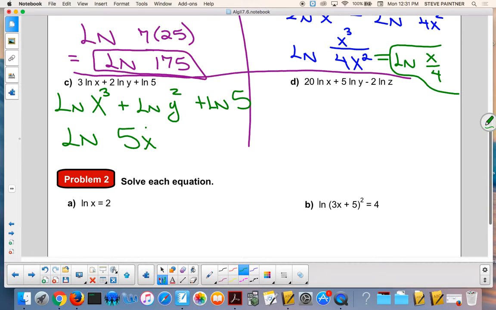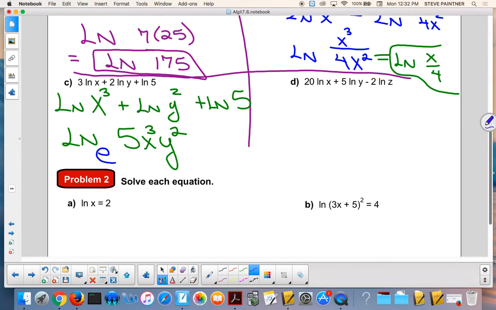Yeah, same. I'd go number, then x, then y. Okay. Does everybody understand what the base is right now? What's the base? If you don't see anything and you wrote ln, it's base e. You don't have to put that. Don't put it. Just understand that.